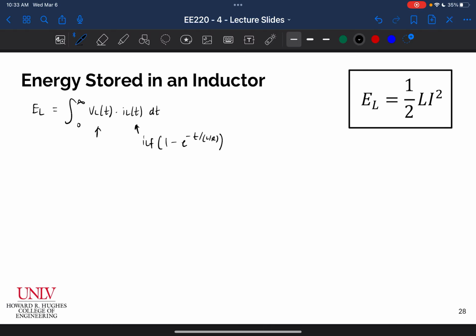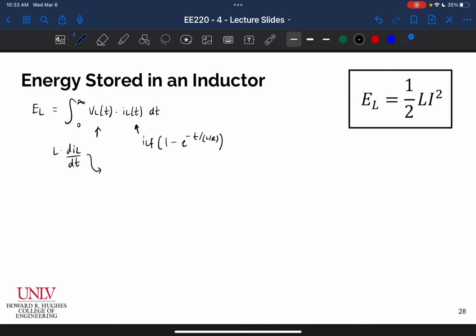And then I know that VL of t is going to be L times dIL/dt. And if this is my IL, then all I have to do to get dIL/dt is take the derivative of this thing with respect to time. And so let me do that real quick.